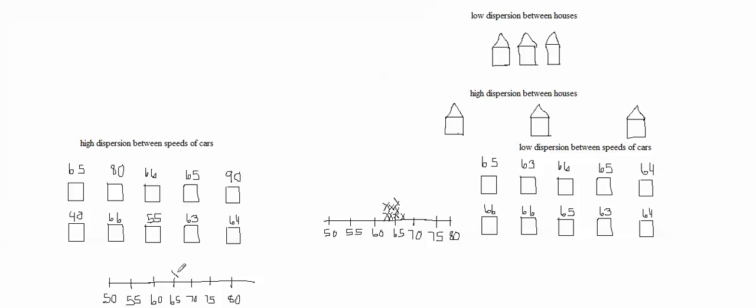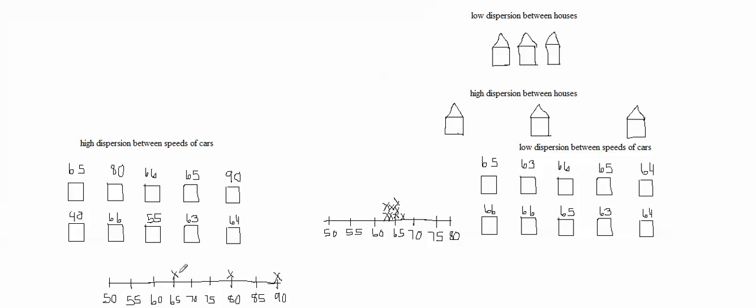That car will be right here. We have one car going 80. We have one car going 90, so we have to extend the number line out even further. So we have 65, 80, 90.